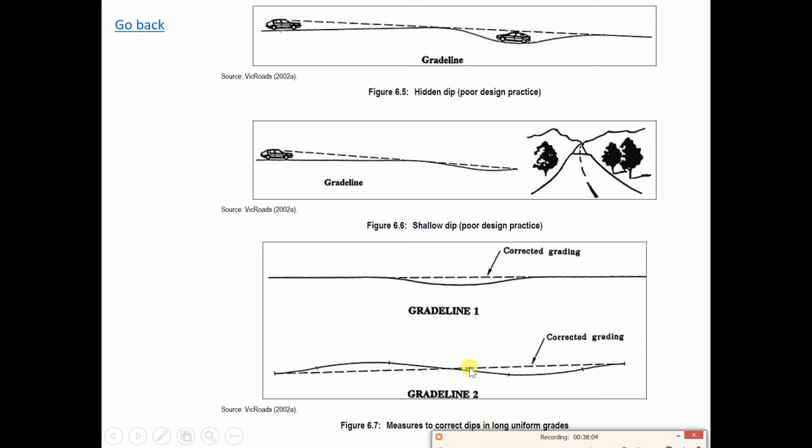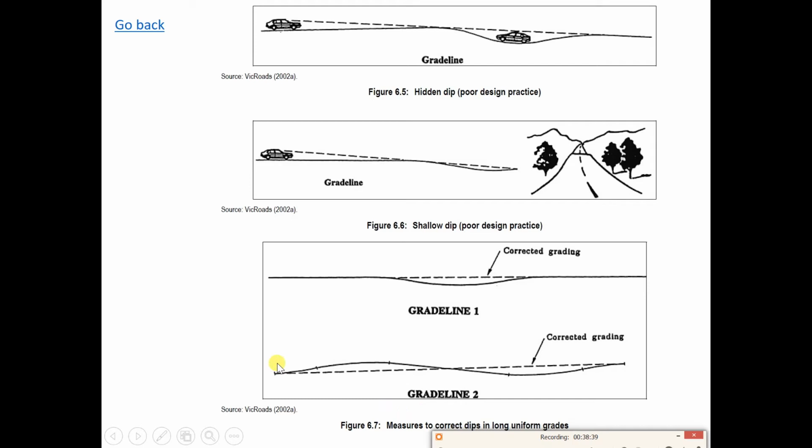Okay, so the measures, and this one also, the correct gradient. If possible, instead of this crest curve and sag curve, instead of two curves, preferably you have just one curve. This one is a crest and sag curve, a bit like a reverse curve for this vertical curve situation.